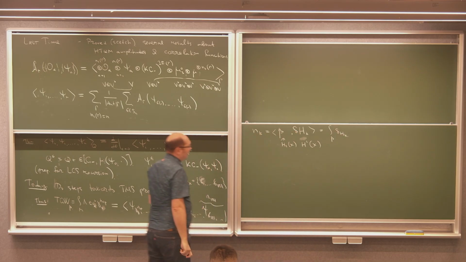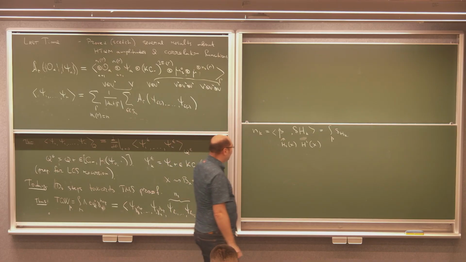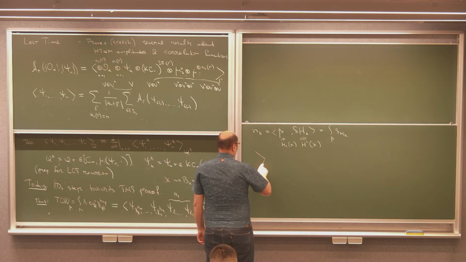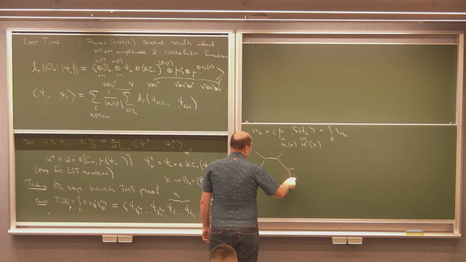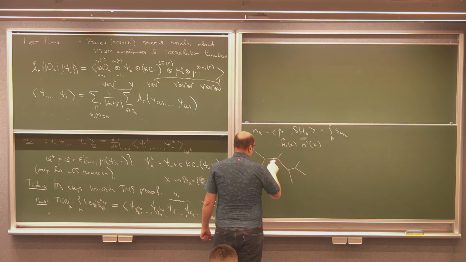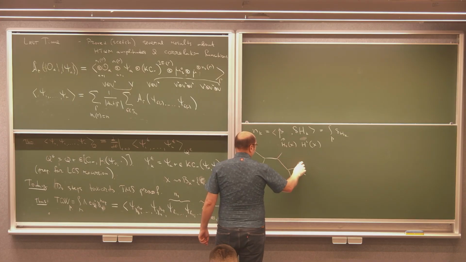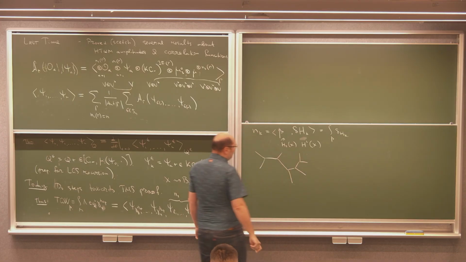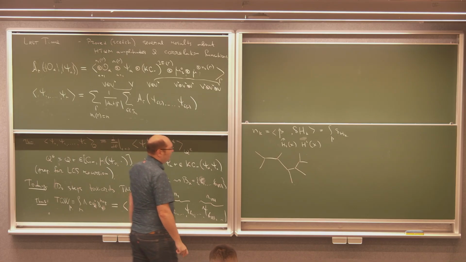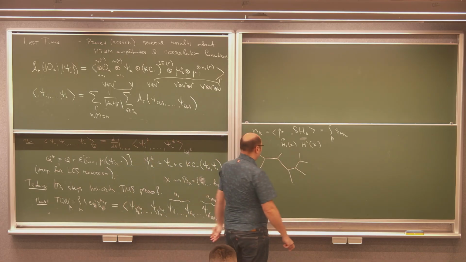So in practical terms, when we have a tropical curve, a tropical curve of genus 0 is some tree, and this tree has some leaves.